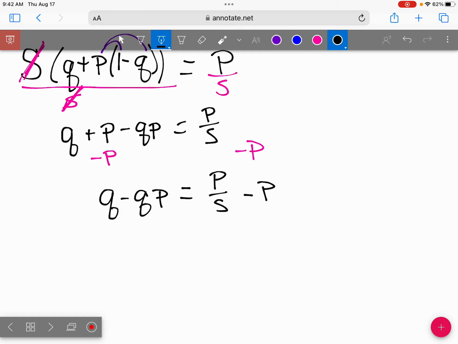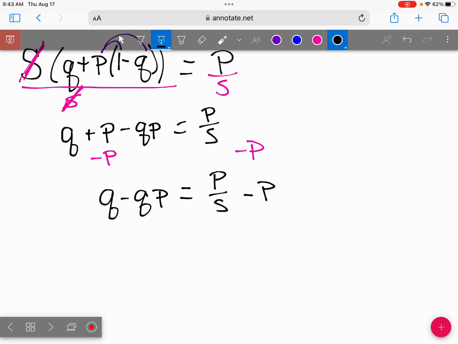Look at that left side and see if there's any way we can rewrite it so I only have one Q. Factor it.